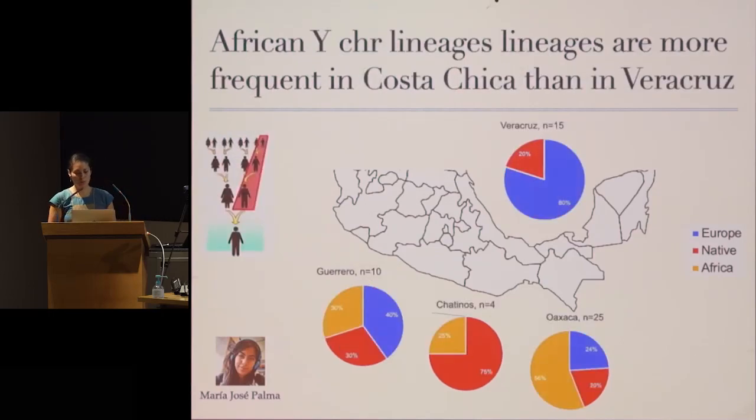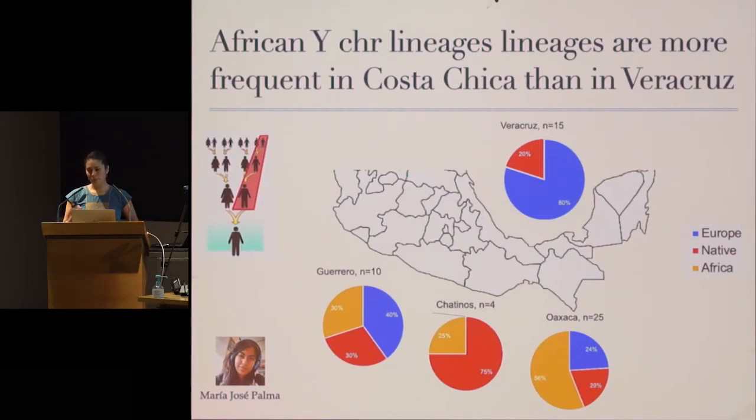But we see the opposite when we look at the Y chromosome lineages. We see very important proportions of African haplogroups in Guerrero and Oaxaca, and something that was interesting, although here is a small sample size, in the indigenous community, the Chatino population, even there we see some African haplogroups, and we see none in Veracruz.